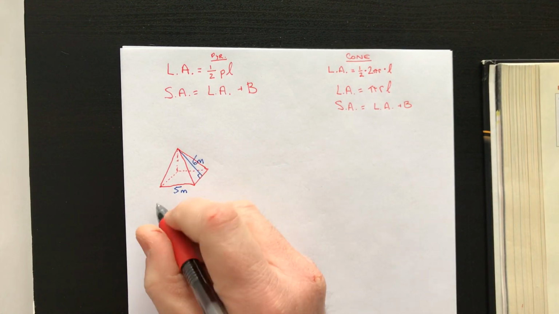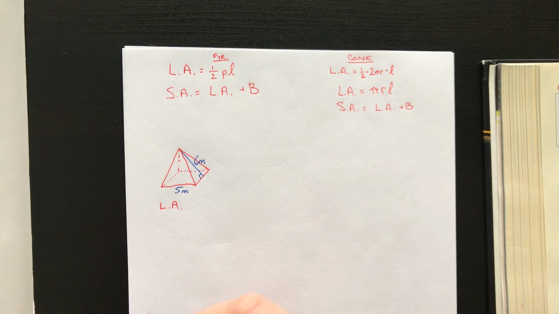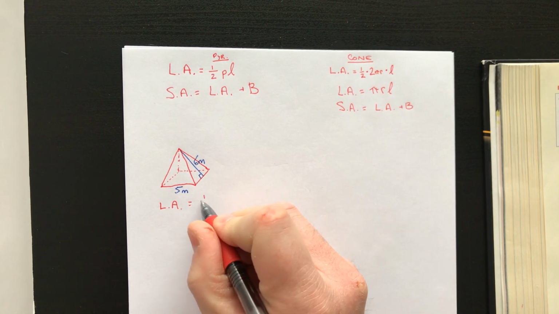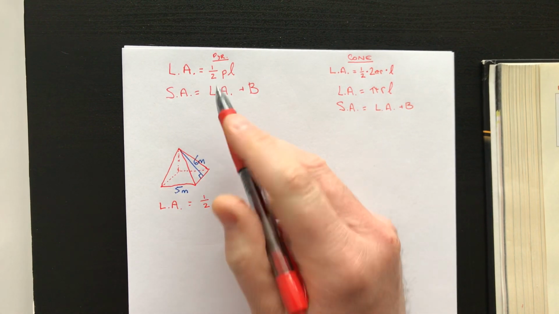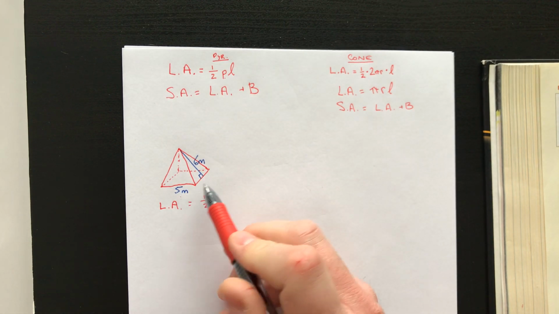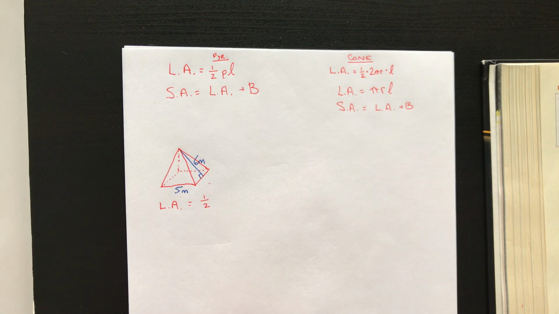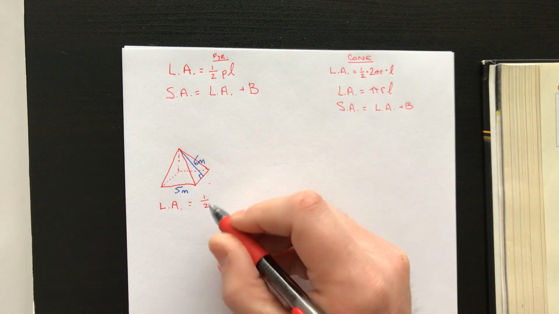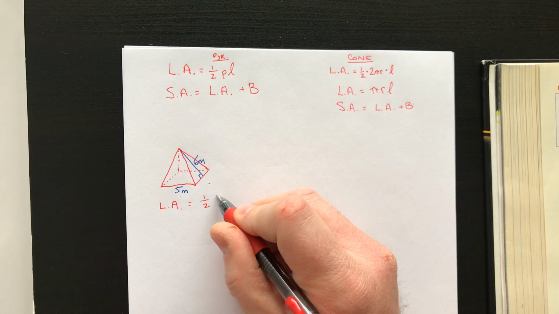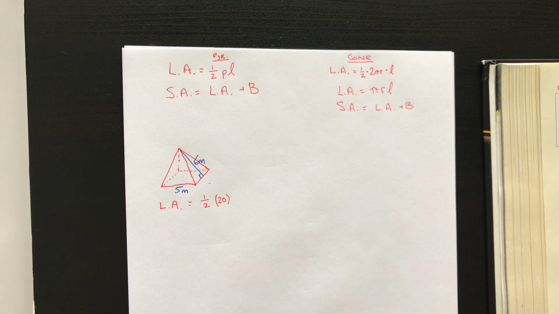Remember, number 1 is asking for the lateral area of this pyramid. It is just 1/2 the perimeter. In this case, it would be 5, 5, 5, 5, so we have ourselves a 20-meter perimeter. It is a square base, they told us in the problem.